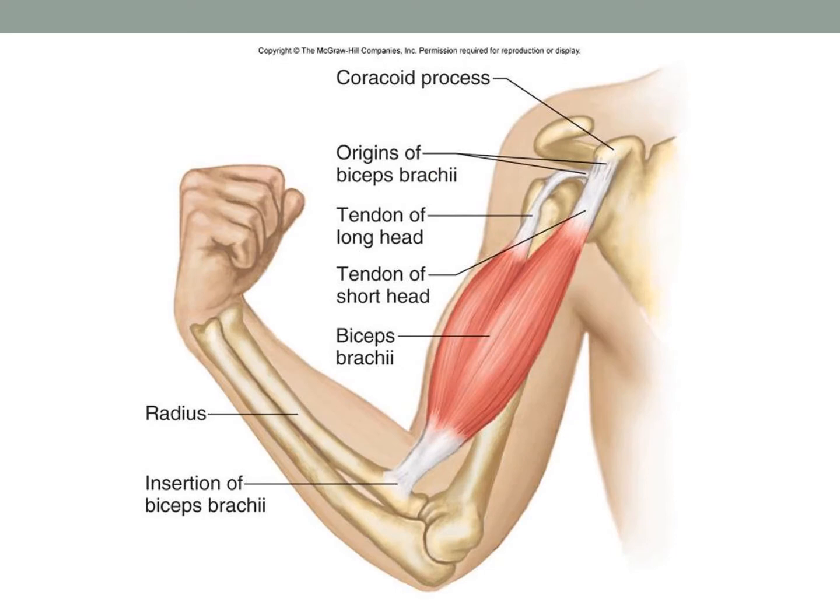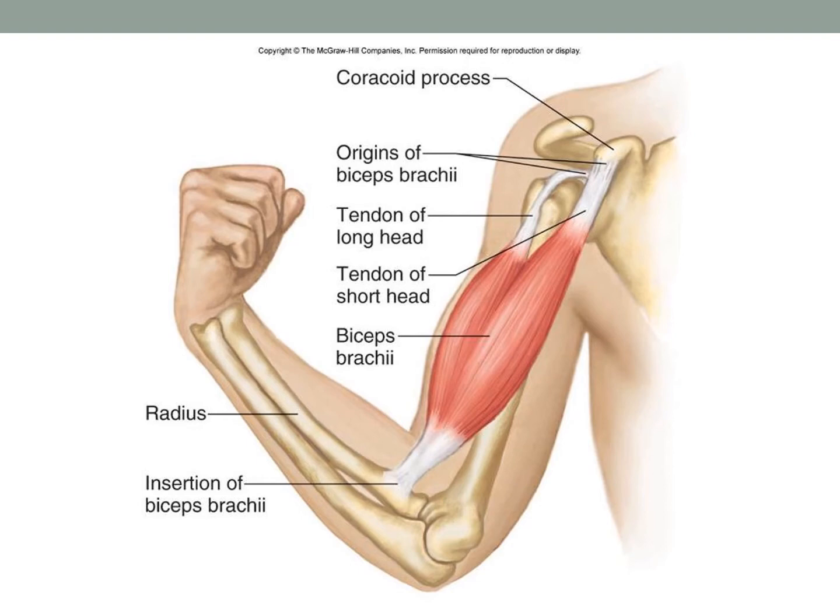So this next picture is of the biceps brachii. The action is flexion, and it also helps stabilize the shoulder. The origin of the long head, which is the more lateral muscle, is the superior margin of the glenoid cavity, and the short head is the coracoid process.